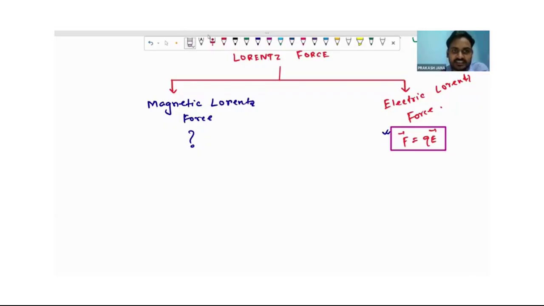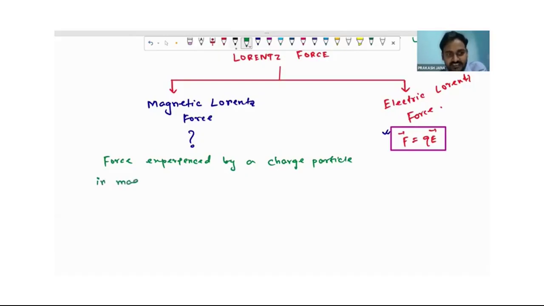Let me write it in some other way. The force experienced by a charged particle in a magnetic field.